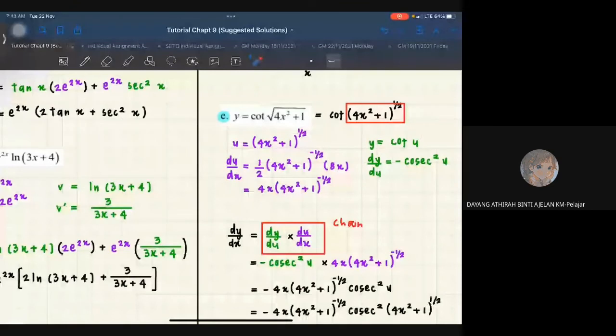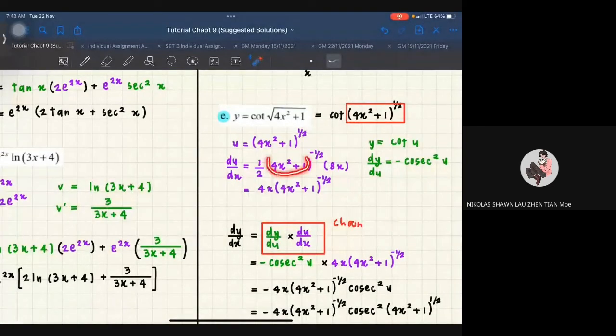Okay, so mana datang 8x ni? Where is this 8x coming from? Differentiation inside the bracket. Yes, okay. So always remember to differentiate inside the bracket. So kita differentiate everything dekat dalam ni. So saya ada 4x² plus 1.